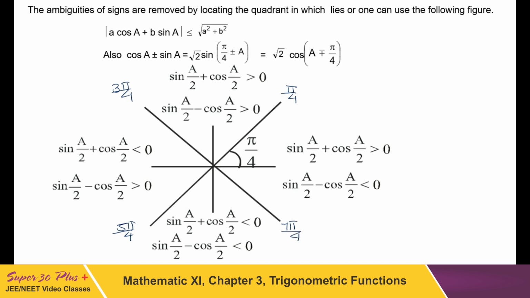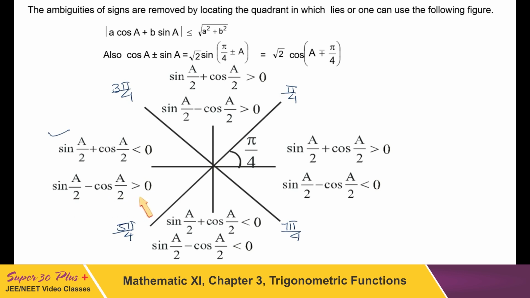In the interval of 7 pi by 4 to pi by 4, or you can say minus pi by 4 to pi by 4, sin a by 2 plus cos a by 2 is positive and sin a by 2 minus cos a by 2 is negative. And in the interval of pi by 4 to 3 pi by 4, both are positive. And 3 pi by 4 to 5 pi by 4, sin a by 2 plus cos a by 2 is negative and sin a by 2 minus cos a by 2 is positive.